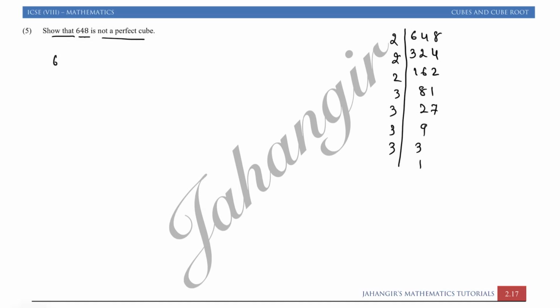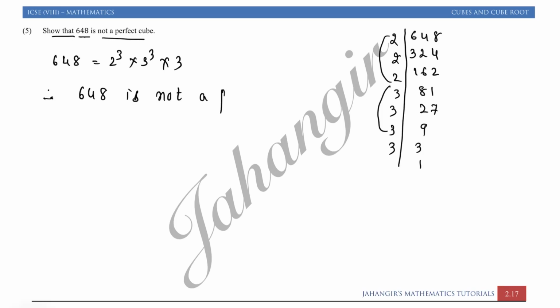So we can say 648 is equal to 2 cube into 3 cube into 3. So therefore 3 does not exist in a group of 3, so therefore 648 is not a perfect cube.